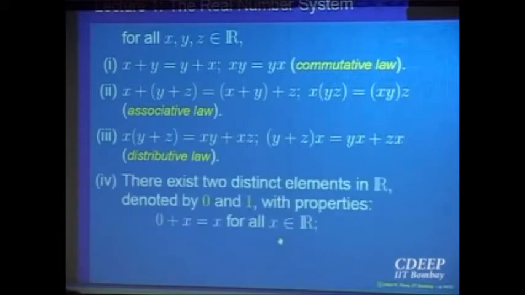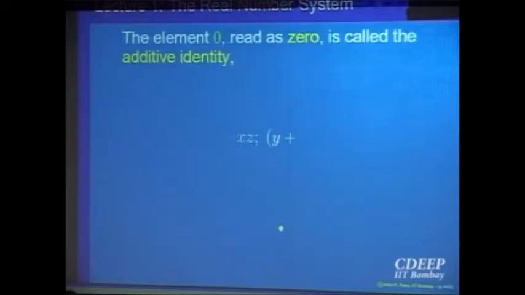And then there is a special number called 0, denoted like this, and there is a special number, I will call it 1, because we are going to call it 0 and 1 eventually, with the property that the special number added to any number x gives you x, for all x belonging to R, and the other number multiplied by x gives you x for all x belonging to R. Right? These 2 are special elements.